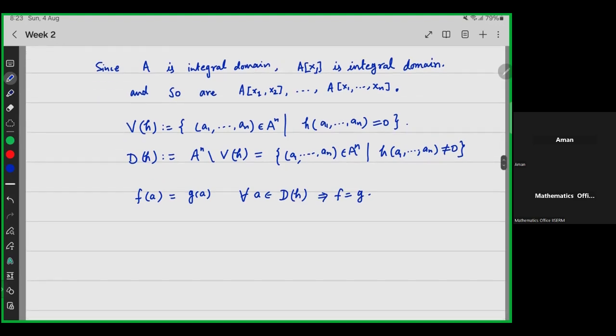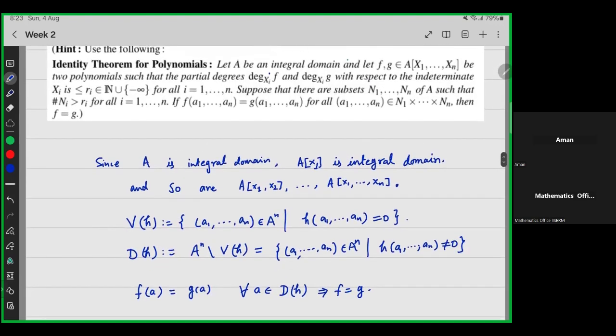Note that by the identity theorem, look at this. If you just show that F(a) is equal to G(a) for all points of A^n, it will be true for such a Cartesian product, because this kind of Cartesian product is a subset of A^n. And if you show it for all points in A^n, you are showing a bigger thing, so the identity theorem will hold there also.